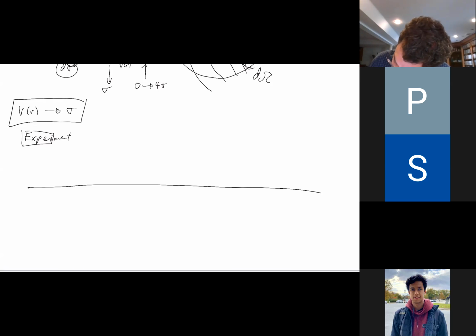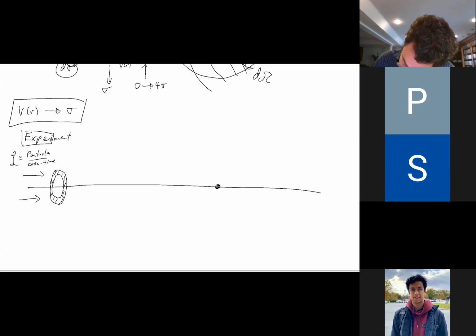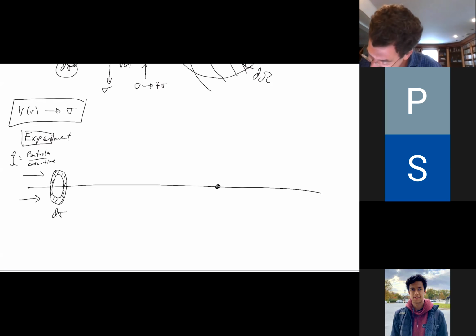Check this out. I can actually shoot particles through this dσ. In an experiment, I can shoot some luminosity of particles per area per time, and I can shoot them through this dσ, and then I can measure them.